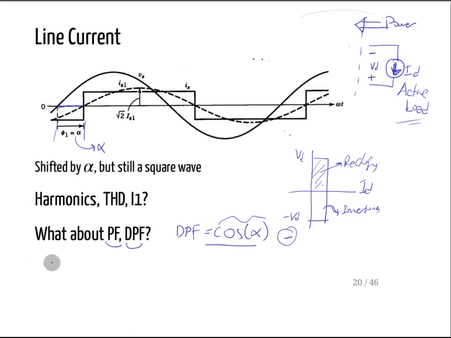Again, for real power factor, remember it was the ratio of IS1 to IS, and because our grid voltage is constant and purely sinusoidal, it is times dPF, and it is 0.9 cosine alpha.